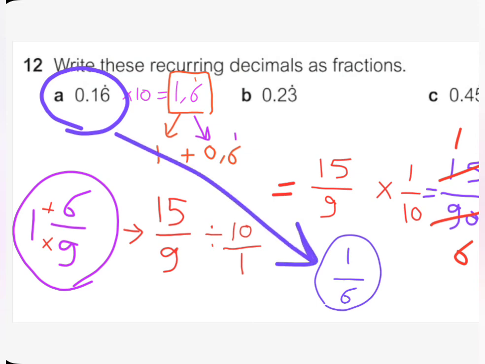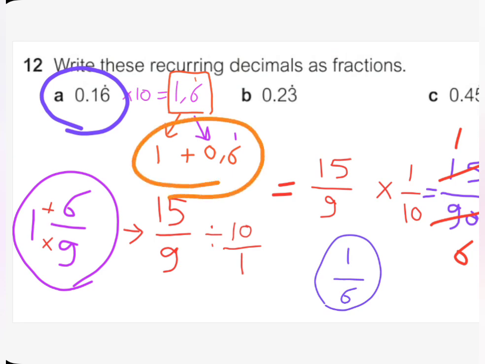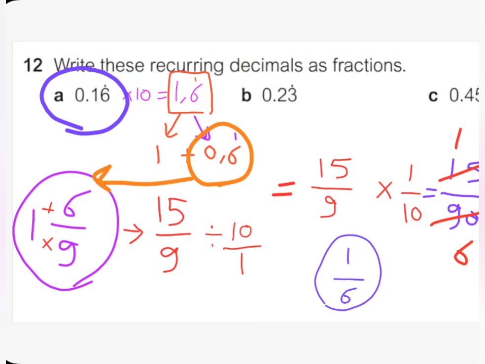And this is how we got it, step by step. So what did we do? First, we multiplied by 10 to get 1.6. And we got the 0.6, made it a fraction, and put the 1 next to it to make a mixed number.